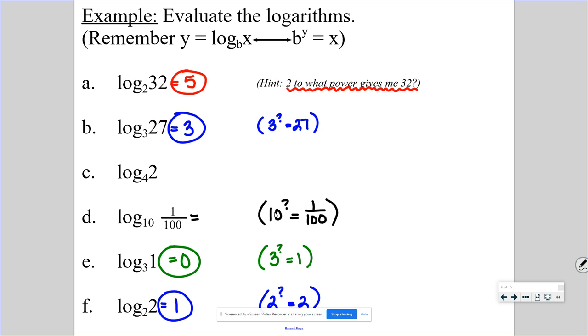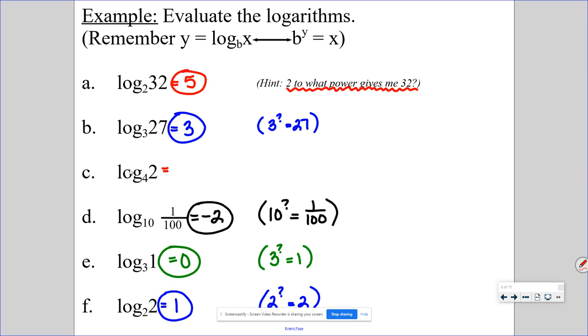So remember that if you have a whole number and it turns into a fraction, a negative exponent must have been involved. So that means this answer is going to be negative something. And then if you have 10 and the number becomes 100, that would have to be squared to be 100. So negative 2 would be the power that would make 10 into 1/100th.